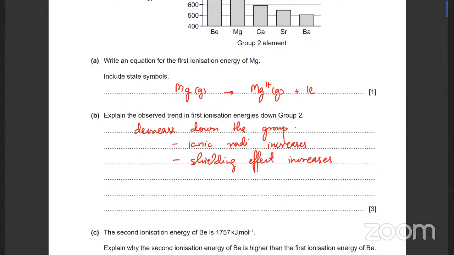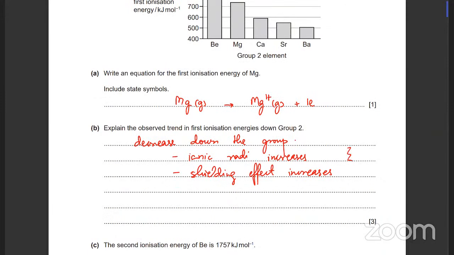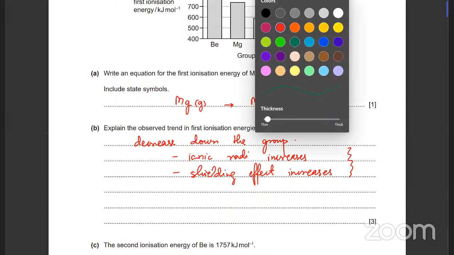So at the end of the day, you're going to write a statement, because there's one factor that goes against that. What is that one factor? Okay, because of these two factors, it becomes easier to remove electrons, but there's one factor that actually goes against it. The nuclear charge. When you move down the group, the number of protons are increasing.